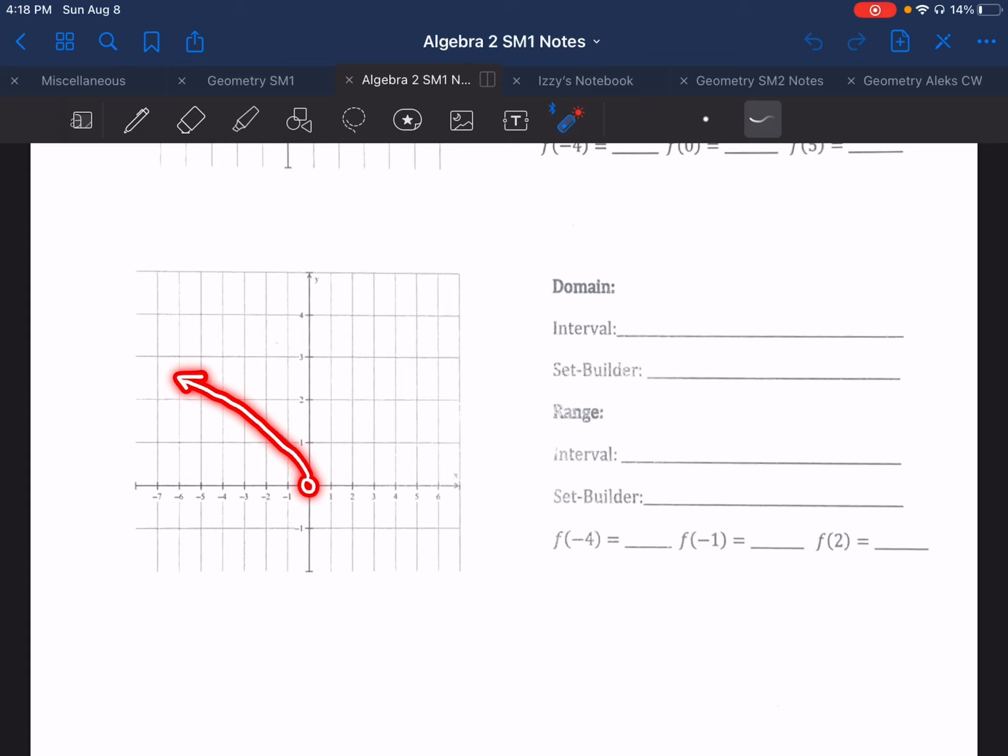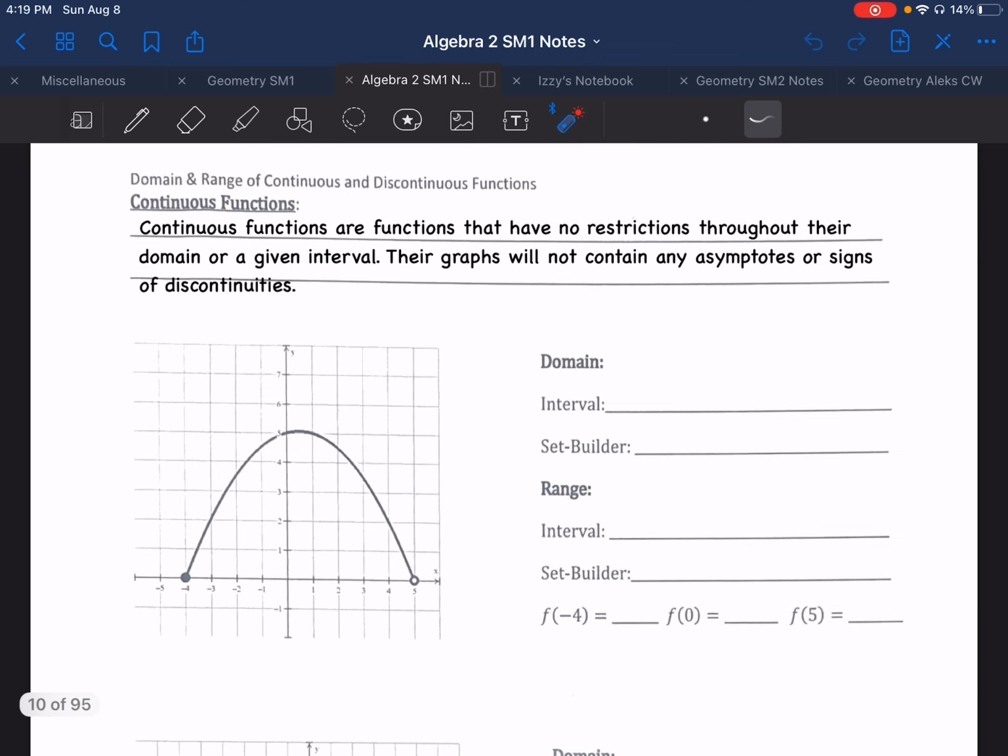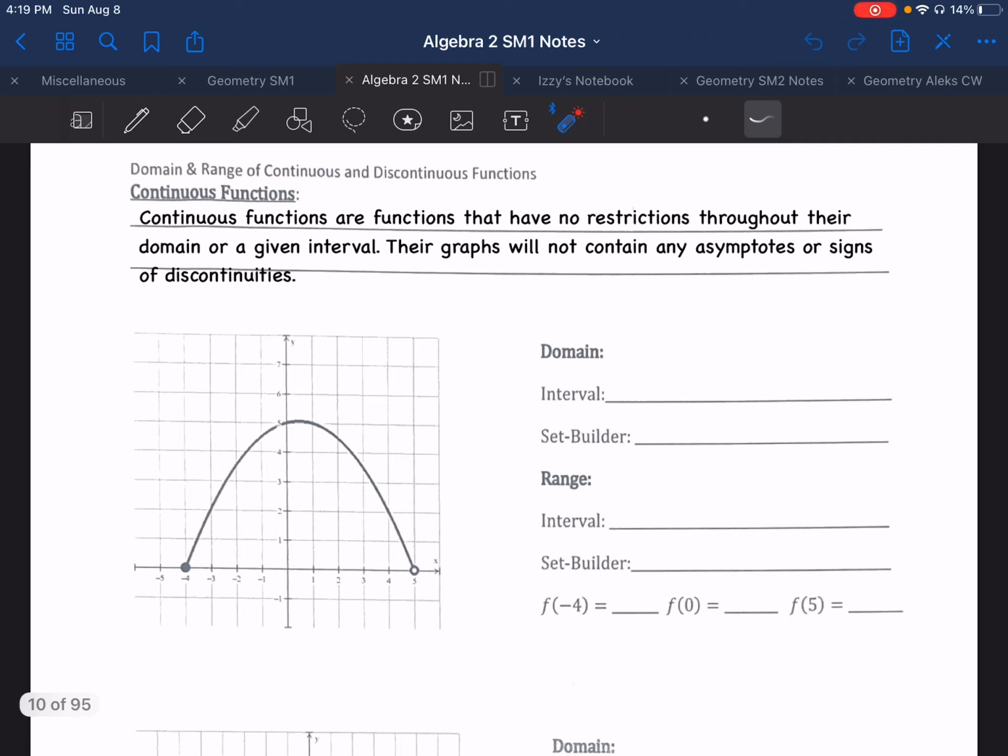This is considered continuous because it's the only graph you see. But if I were to add something like this, now it would be considered discontinuous because I have this gap in between the 2 points. Okay. If I were to bring it over like this, now it is not because there's really no gap here. Okay. That's just the difference. Everything that you're going to see today is going to be continuous, and we're not going to have to deal with that discontinuity. All right, so let's go ahead and talk about the domain and the range.